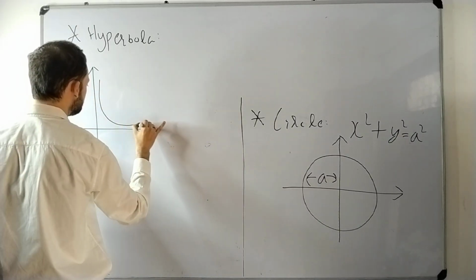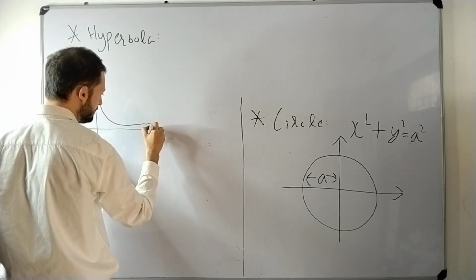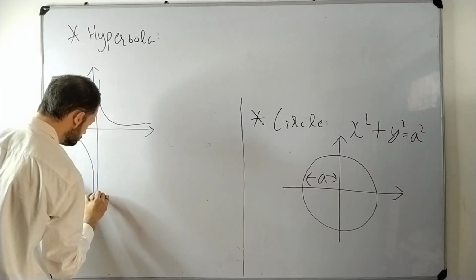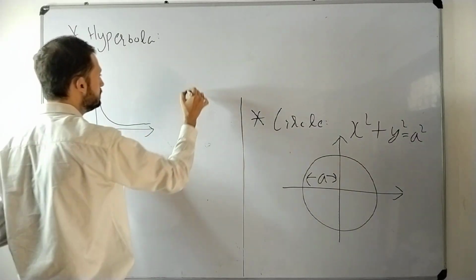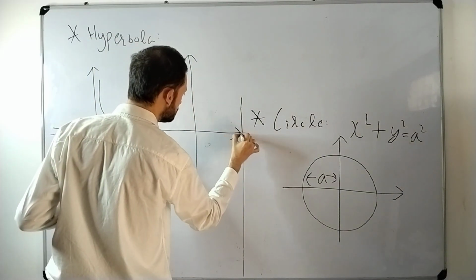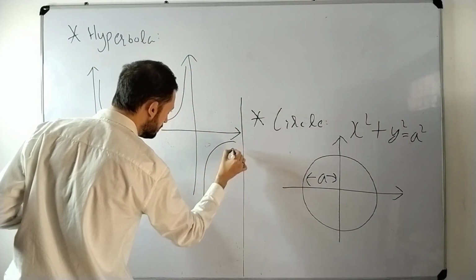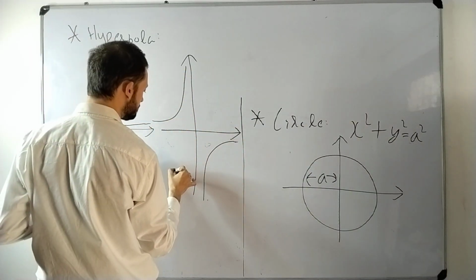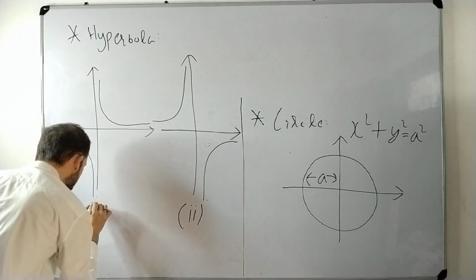One especially into the first coordinate, and if it forms in the first coordinate, the second place it will form is the third. It will form on the second and fourth as well. So this is hyperbola. This is first coordinate, this is second, this is third, this is fourth. This is the second figure of ours and this is the first figure.